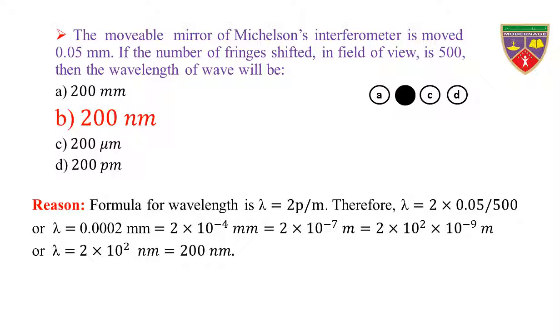Therefore, lambda is equal to 2 into 0.05 divided by 500, or lambda is equal to 0.0002 millimeter, which can be written as 2 into 10 power minus 4 millimeter or 2 into 10 power minus 7 meter, which is equal to 2 into 10 power 2 into 10 power minus 9 meter, or lambda is equal to 2 into 10 power 2 nanometer, which is equal to 200 nanometers. Hence, the wavelength of wave will be 200 nanometers.